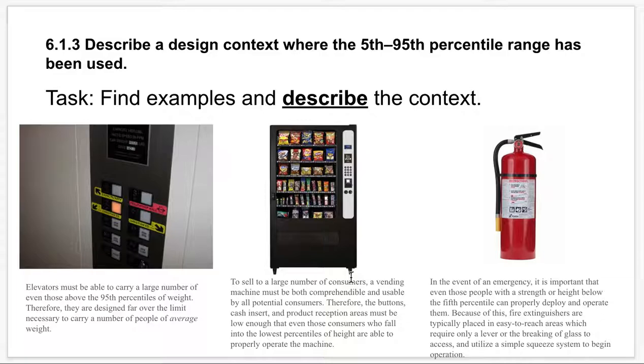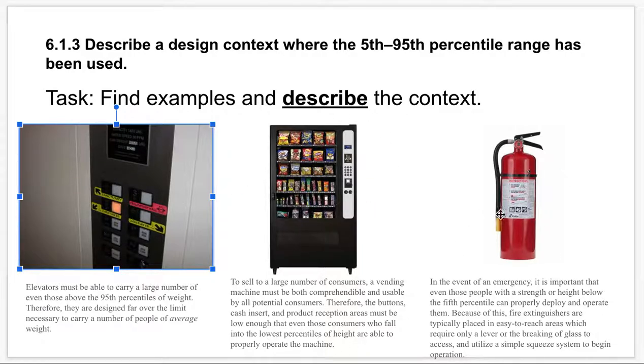You can press pause and find some examples of the 5th or the 95th. For example, elevator buttons need to be designed for the 5th percentile, because otherwise if they're too high, a short person can't reach them. Same thing goes for vending machines.